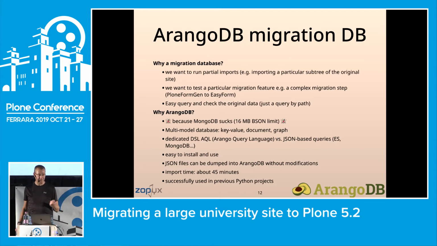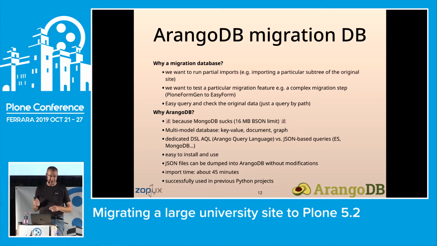For example, when you want to model hierarchies or just relations between documents. And the nice thing is that it provides a dedicated query language, AQL, Arango Query Language, which is similar to SQL, not JSON, and it's very easy to write, maintain and understand.